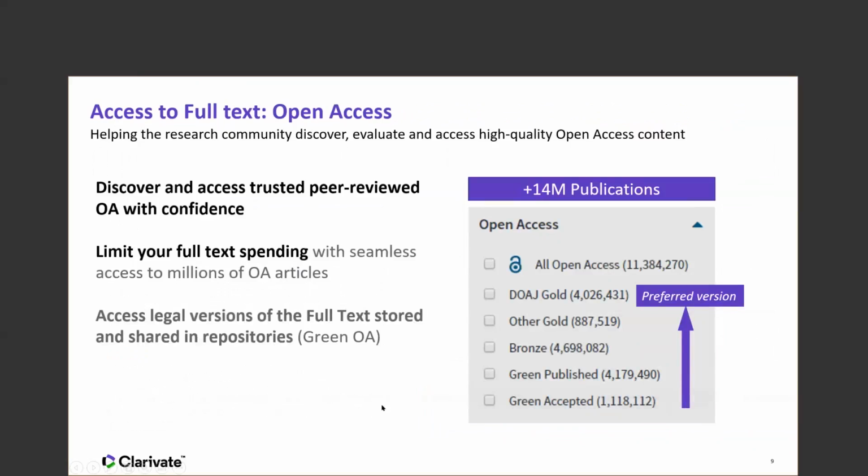Now it is possible that one paper is available in different places. It could be perfectly on the page of a publisher in open access, and also at the same time in a repository. It happens often.